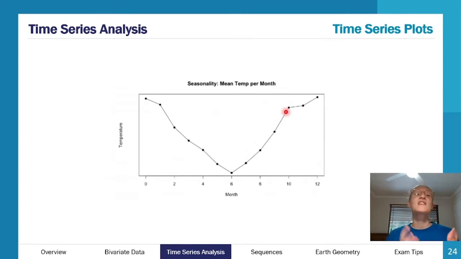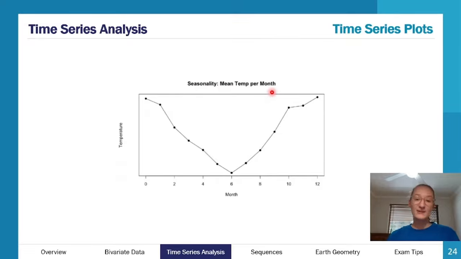So time series plots are very similar to scatter plots. We're still graphing bivariate numerical data, but our explanatory variable, which is always graphed along the bottom, must always be some measure of time. And here, that's by months. So January, February, all the way through all of the months. What we're looking at here is actually a specific example of seasonality, which we'll get to in a second.